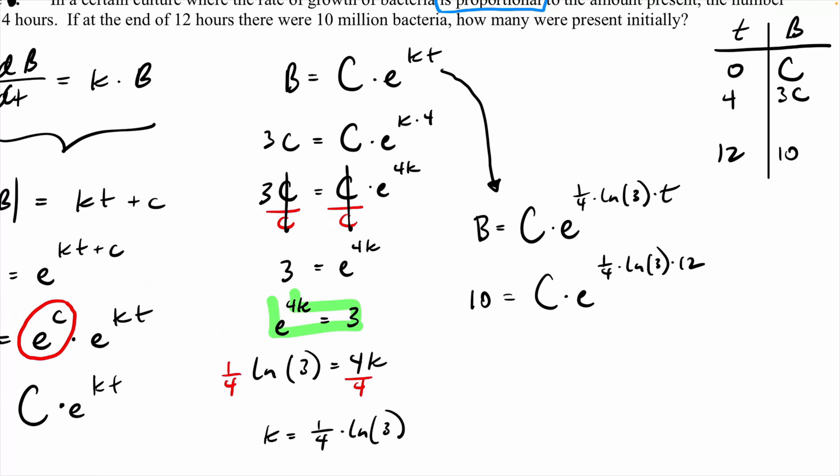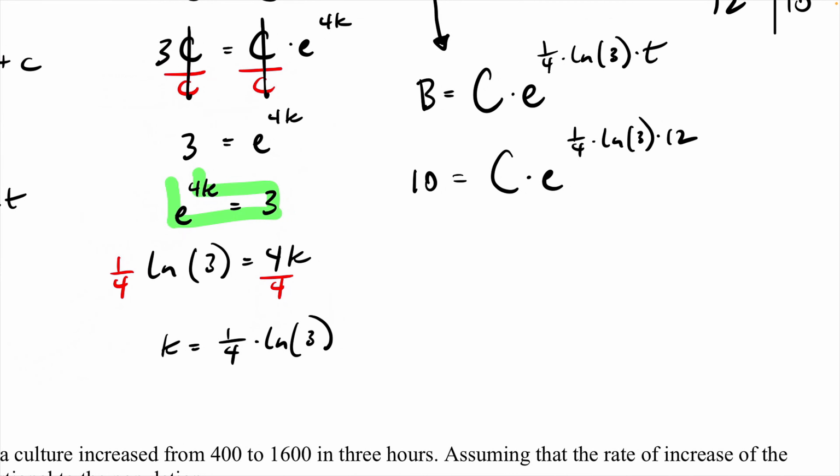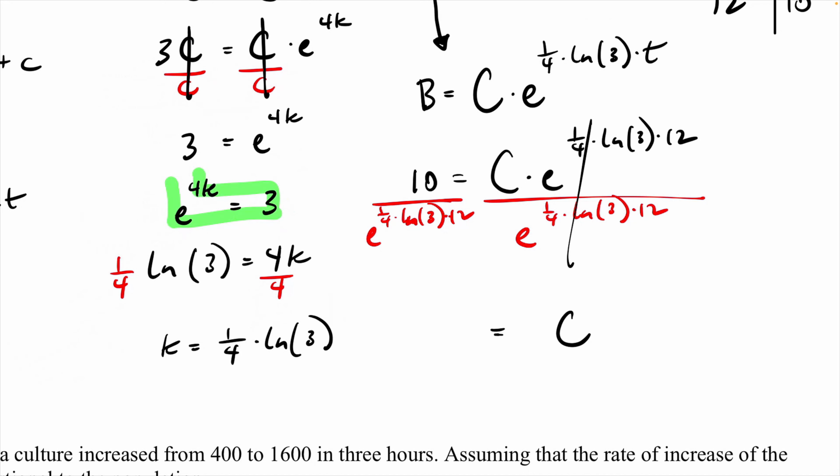Now I can solve for C. So what you're going to do is divide by everything you don't want. I don't want e to the 1/4 times the natural log of 3 times 12. Divide by that and you'll get C.